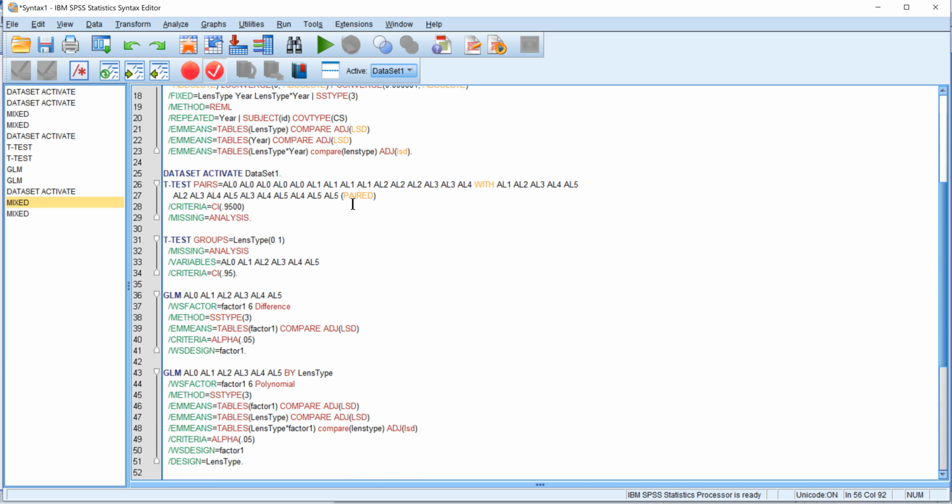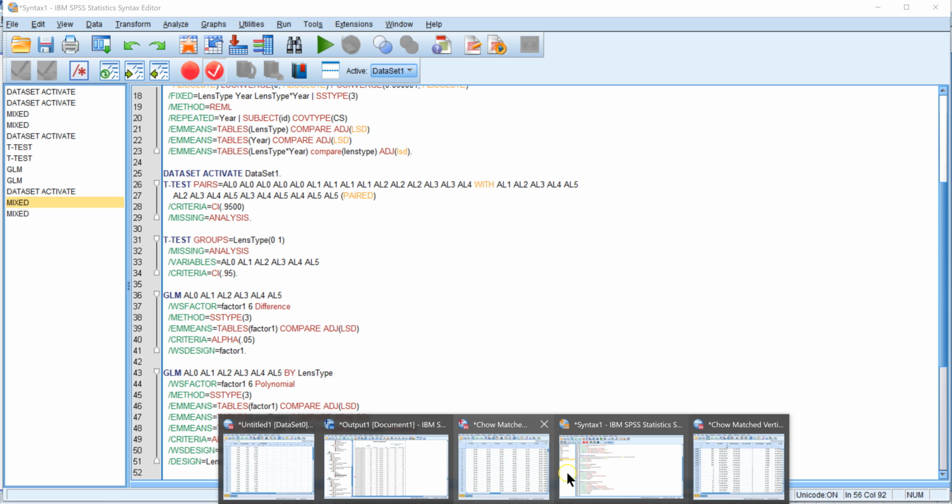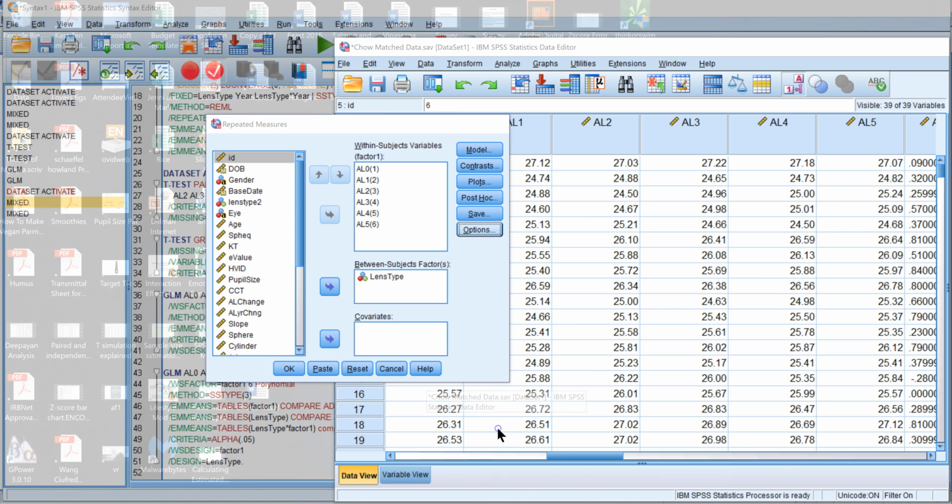That's when we get to the interaction. We're not there yet. We're still at a main effect in a one-way, so it automatically does this. So we'll address that other issue later.